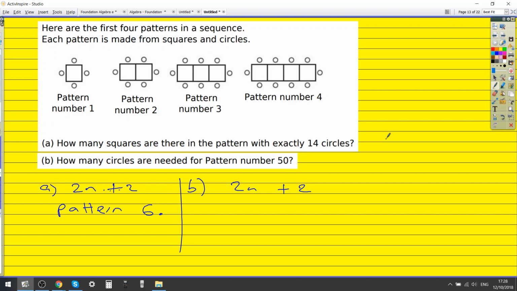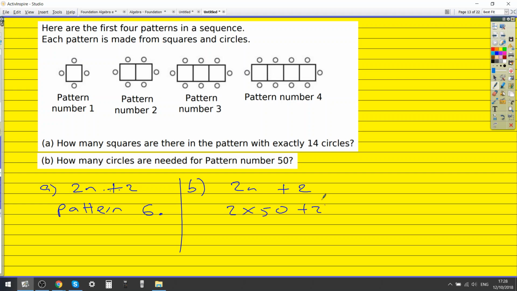I honestly don't know. What does the n represent? Number, sort of, yeah. Pattern number. Okay. How can we use that for this one? So, 2 times 50 plus 2.